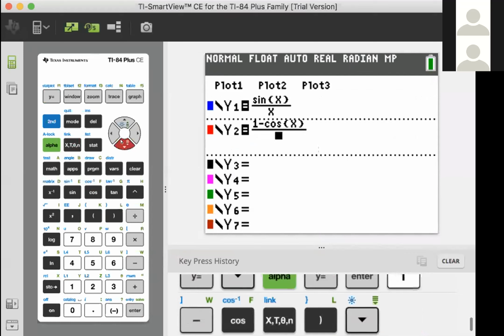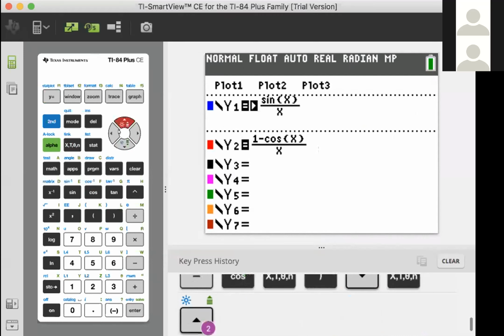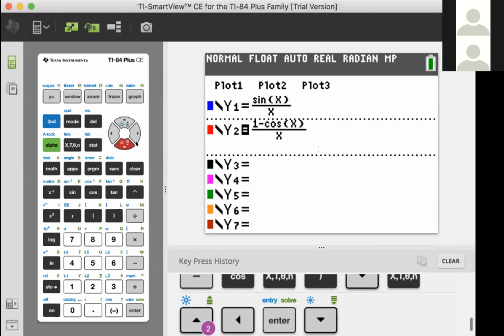On the denominator, it's going to be x. Now, I don't want to graph the top function, so I'm going to just de-highlight the equal sign by pressing enter. So I'm only going to graph the red, the y2. So here we go. Let's graph that.